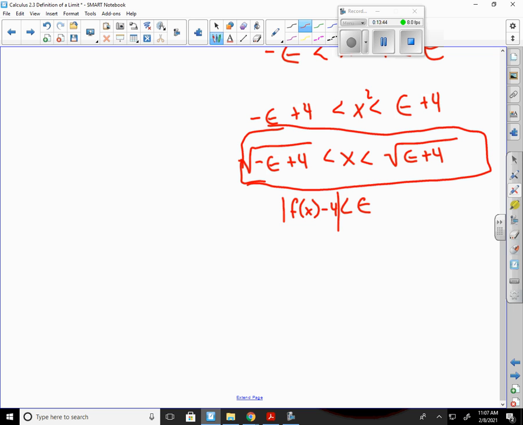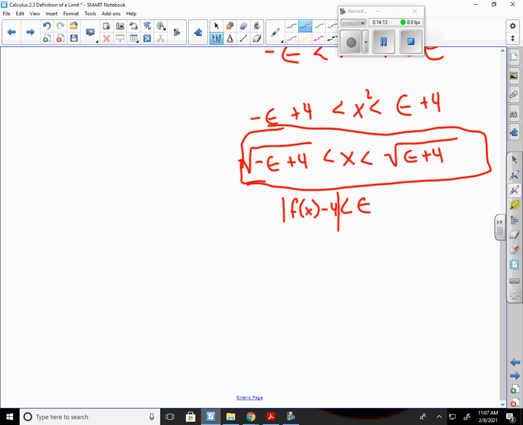Okay? So now we need to find a delta so that when I do 2 minus delta and 2 plus delta on either side, it's got to be within this interval. So we would take the minimum of those two.